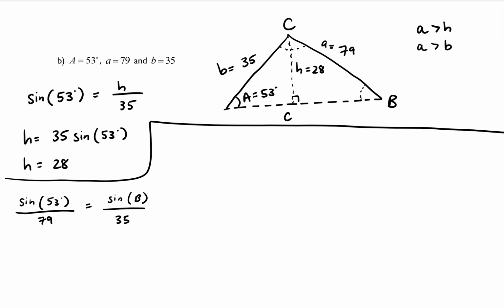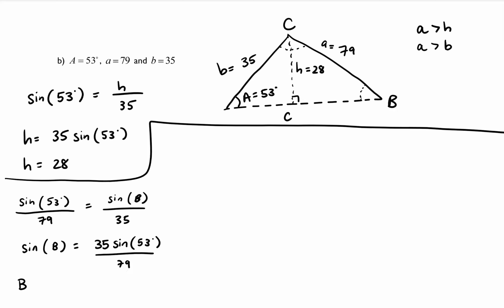Now, in previous examples, we were solving for side lengths. Here we're solving for an angle, so we will eventually need to use sine inverse or arcsine. So if I use algebra and multiply both sides by 35, then we get sine of B is equal to 35 times sine of 53 degrees over 79.